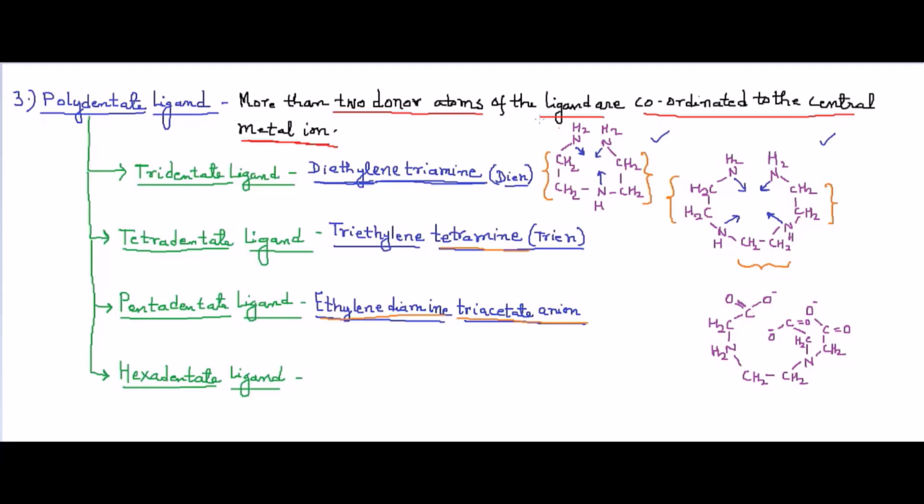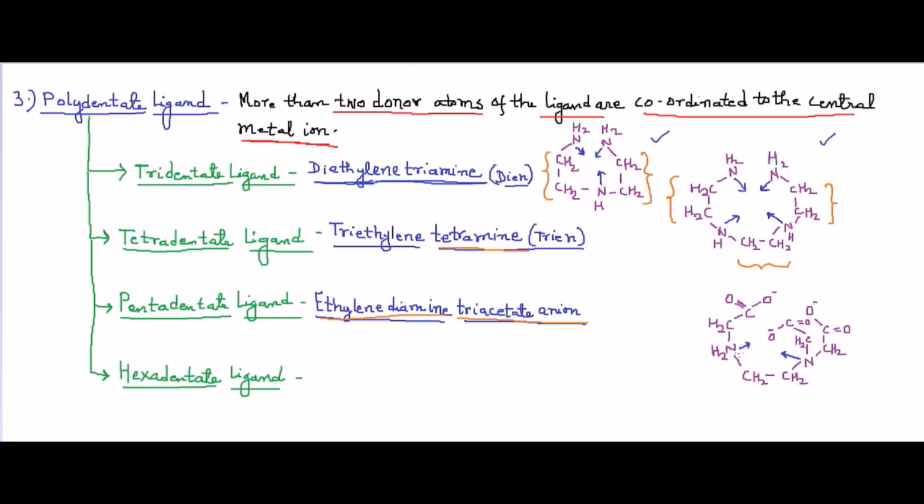Now as you can see, we will mark the donor atoms of the ligand. Obviously the nitrogens of the amino groups are donor atoms, right? And all the oxygens of the acetate ions are also donor atoms.